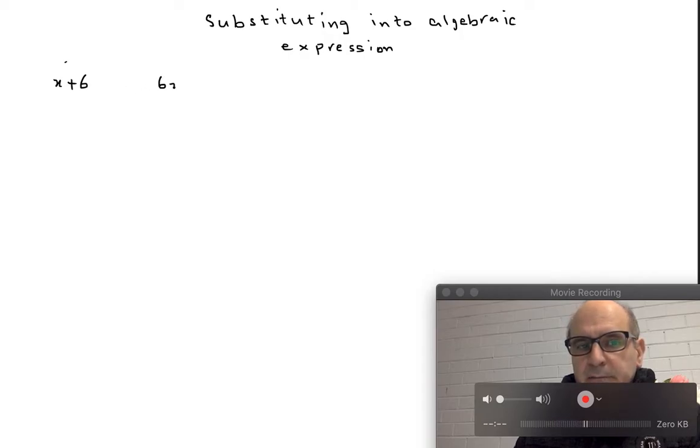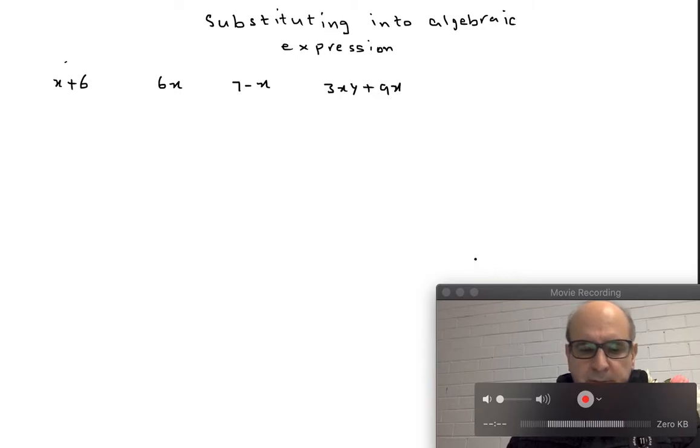That means 6 times x, or 7 minus x, or 3xy plus 9x. These are all examples of an algebraic expression.